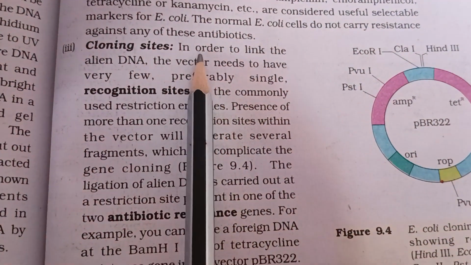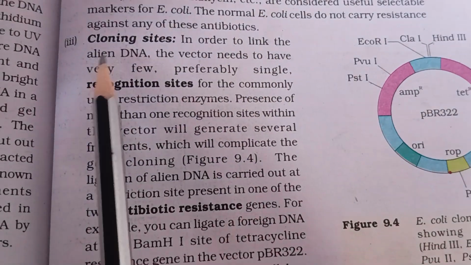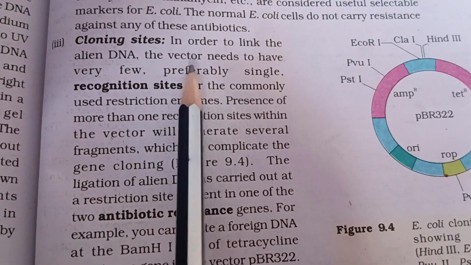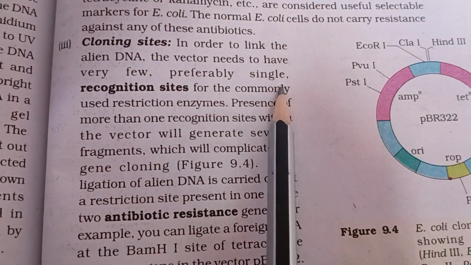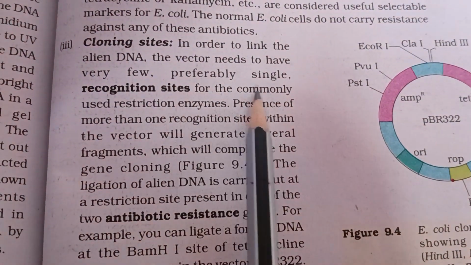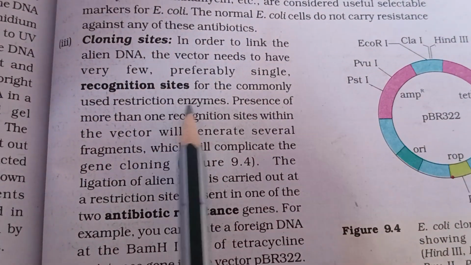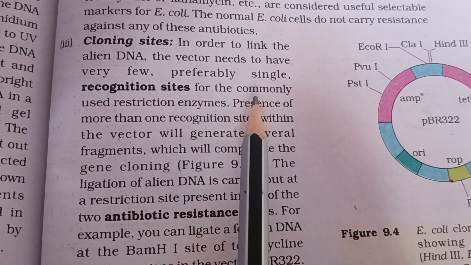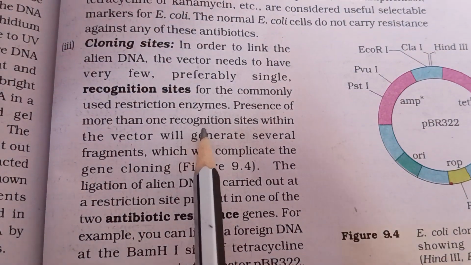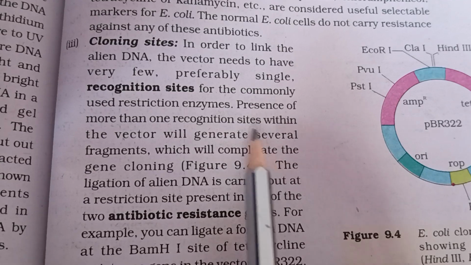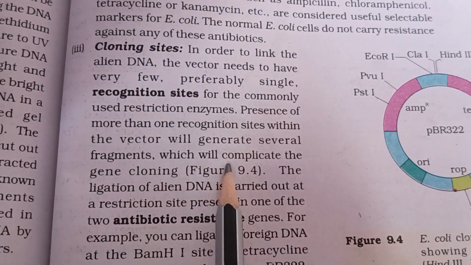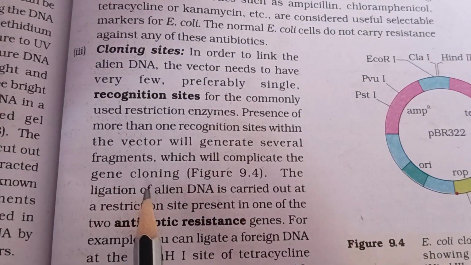Cloning sites. In order to link the alien DNA, the vector needs to have very few, preferably single, recognition sites for the commonly used restriction enzymes. Presence of more than one recognition site within the vector will generate several fragments which will complicate the gene cloning.